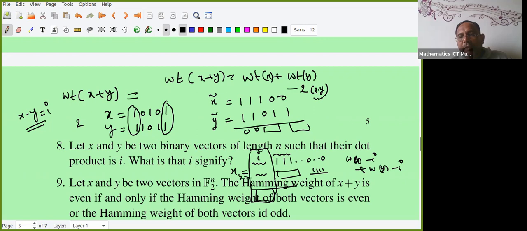So the total answer is weight of x plus weight of y minus 2I. What is I? I is the dot product of those two. So this part is always even. So in order for x plus y to be even, both vectors should be even or both should be odd. That is the answer. Okay, I'll stop with this.